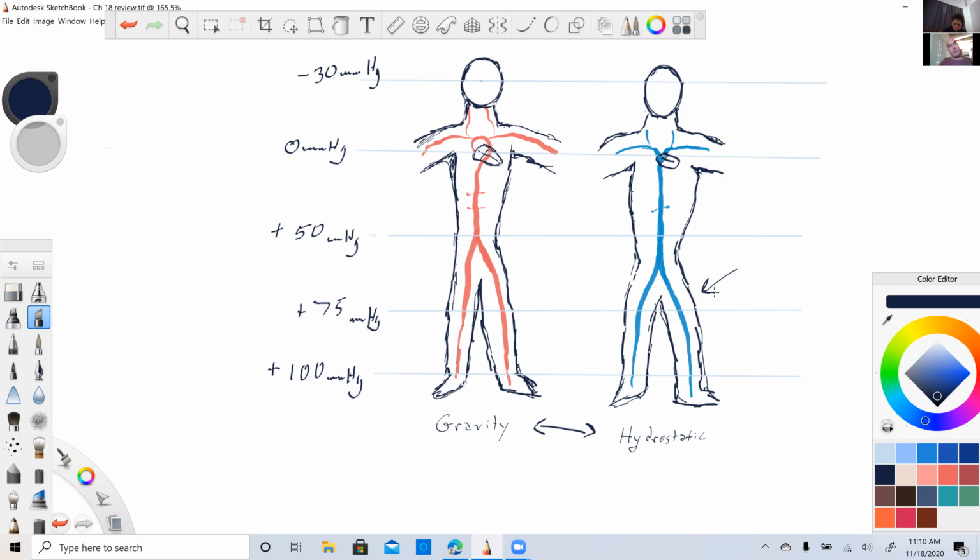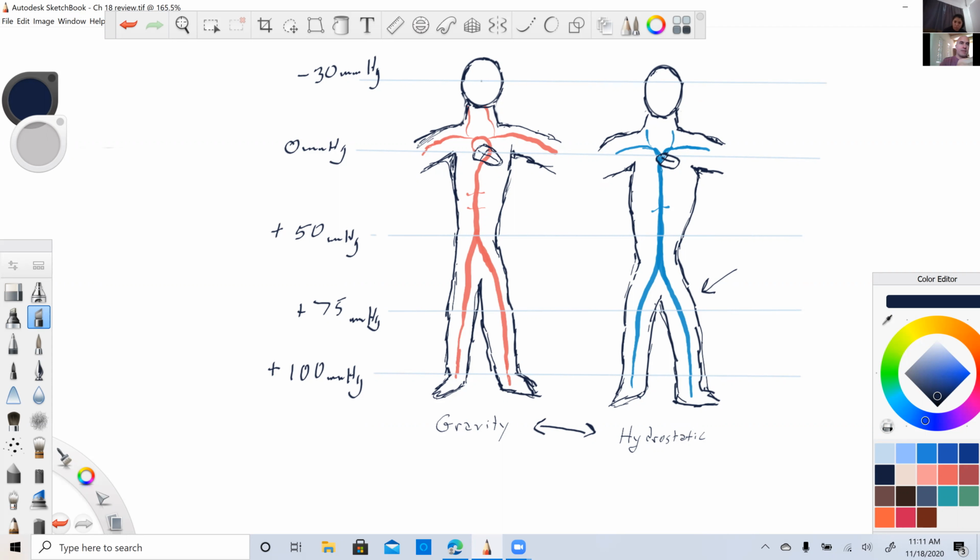Reverse Trendelenburg is where you take the entire bed and tilt it upward to get that hydrostatic pressure to help you out, because veins in the legs can be really hard to find sometimes. If you prop the patient up, gravity pulls that blood down and causes higher blood pressure. Higher blood pressure makes a wider vein. So if I ever go back out in the field again, I am not doing legs with the patient laying flat on their back. Simply won't do it.